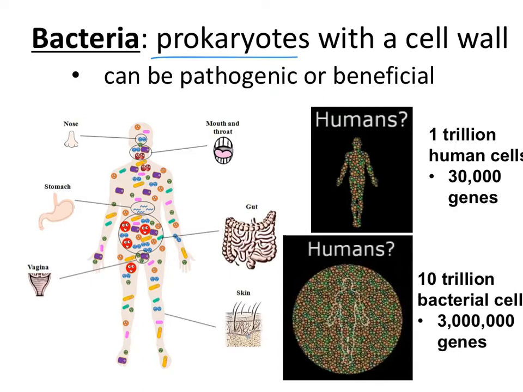You should have watched the Bonnie Bassler clip before watching these notes, and in the Bonnie Bassler TED Talk, she talks about how we think of ourselves as humans, but in reality I have more cells inside me that are bacteria cells than I have cells that are human cells. So over here on the right, there's a little comparison.